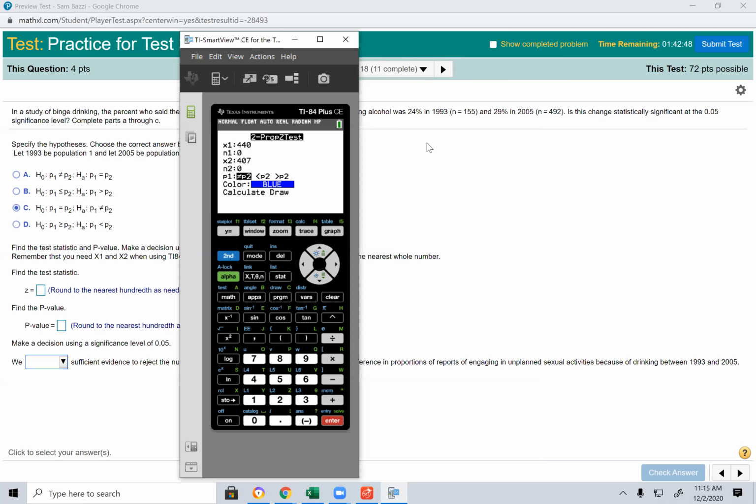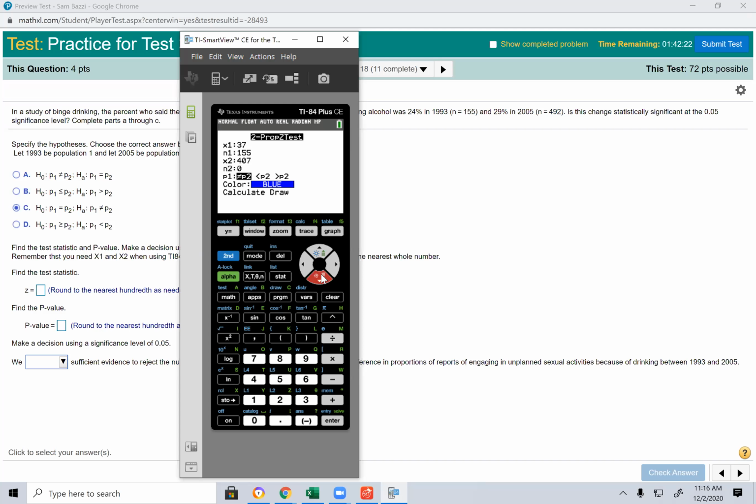So in order to find X1, you take the 0.24 and multiply by the sample size, which is 155. But it is a decimal, guys. You cannot have a decimal in there. So I'm going to put the 155 and then go back and make this 37, round it to the nearest whole number.